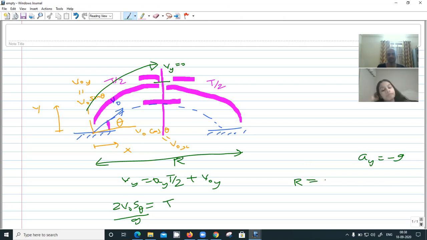So x equal to Vt plus x naught, and x is this range, and velocity is V naught x. The x component of velocity at any time is the same as V naught.